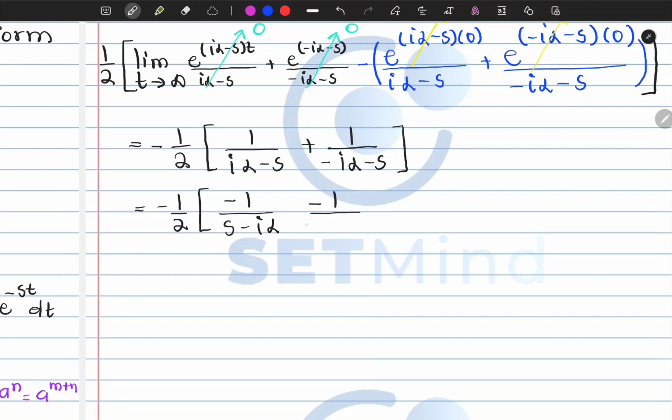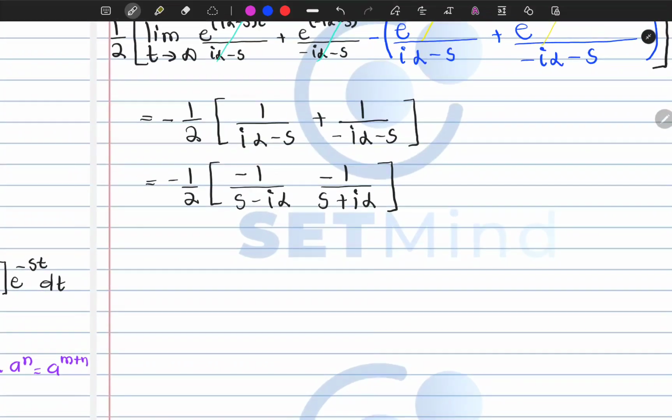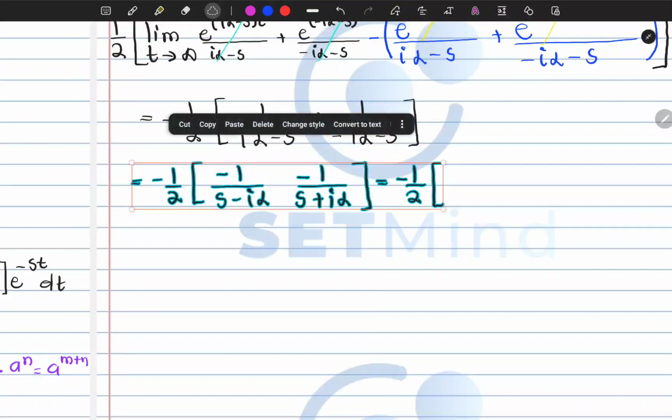We have a negative 1, and then this becomes s plus i alpha. Then as you can see, we have a common denominator there. So what we are going to have is negative 1 over 2 into, just look at this carefully and think about it.